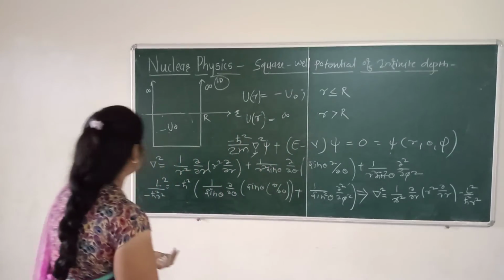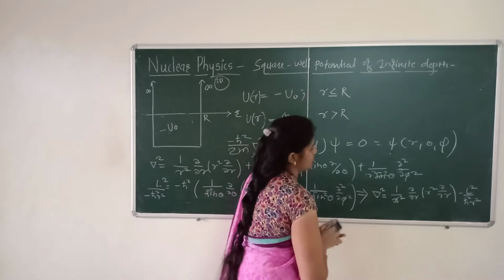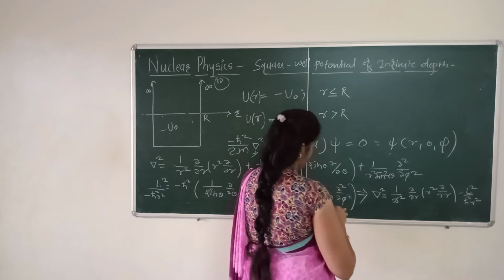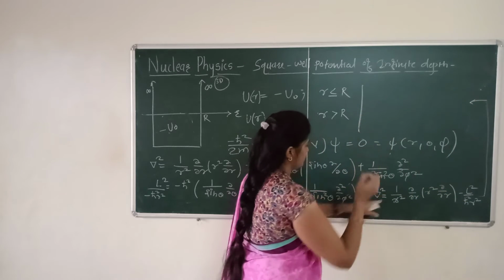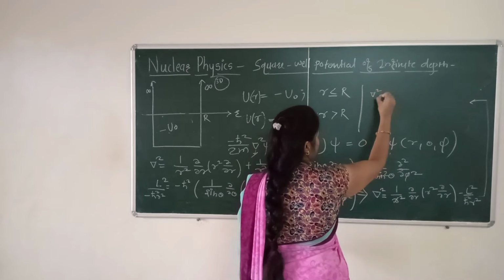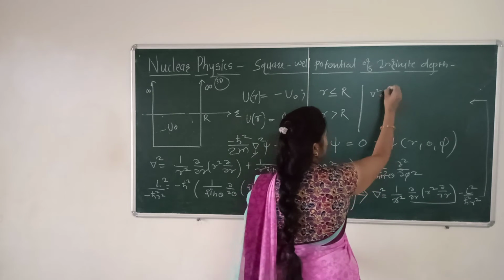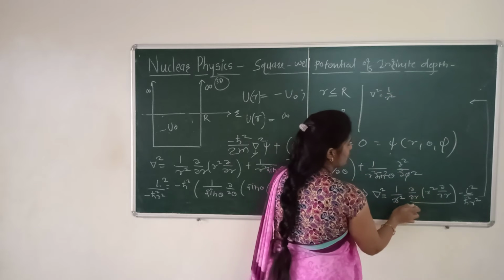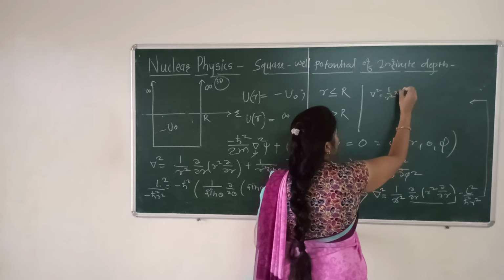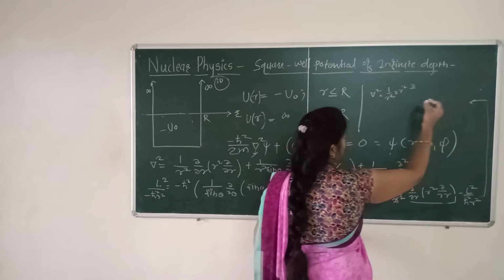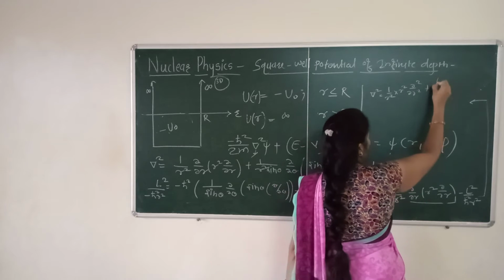Now second point, see here, write the del square in this form. Now we can simply write this equation here as, see, del square. Just make the differentiation of this. Means 1 upon r square as it is, dou by dou r. If r square is constant and derivative of this, then r square dou square by dou r square plus 1 upon r square.